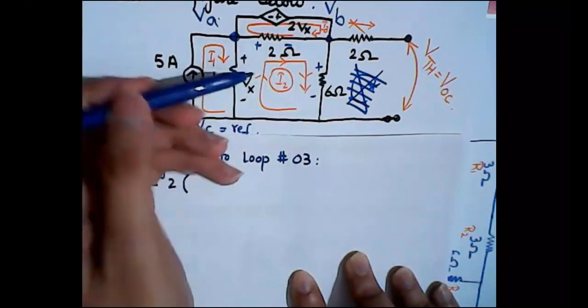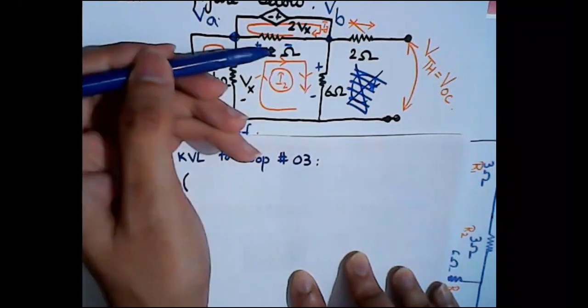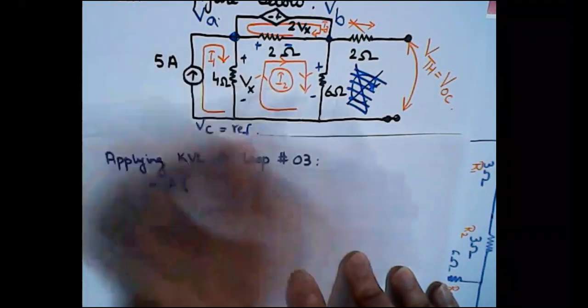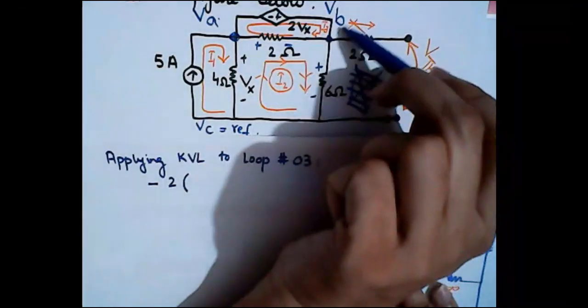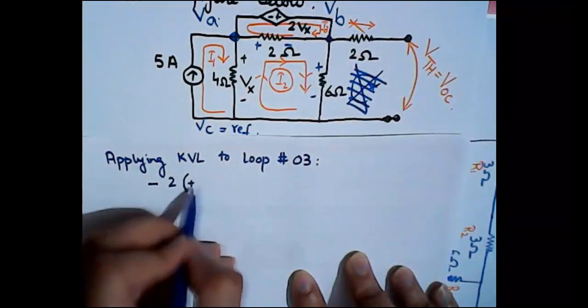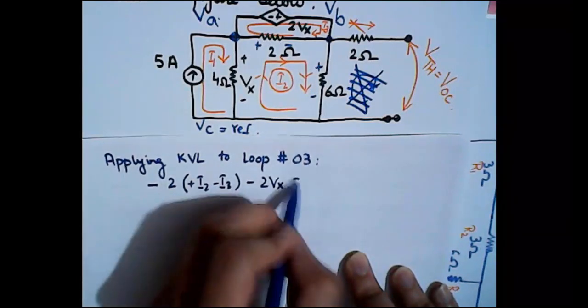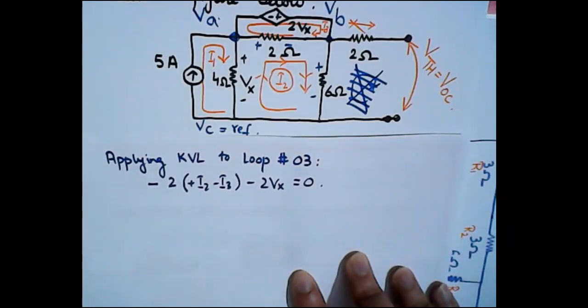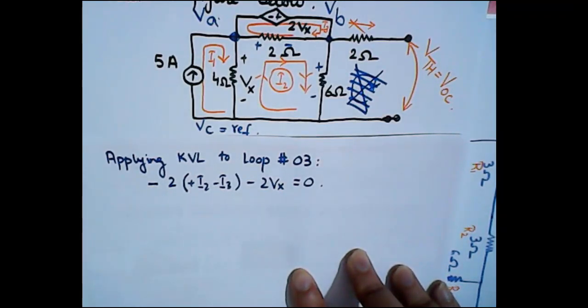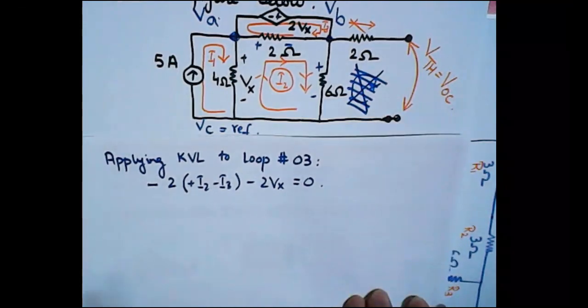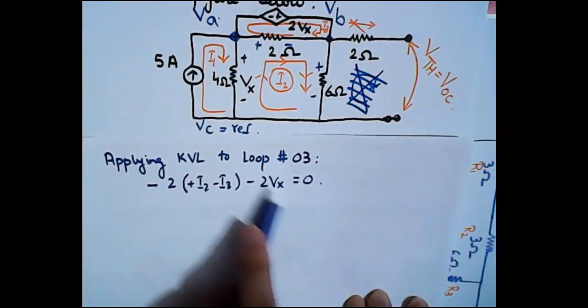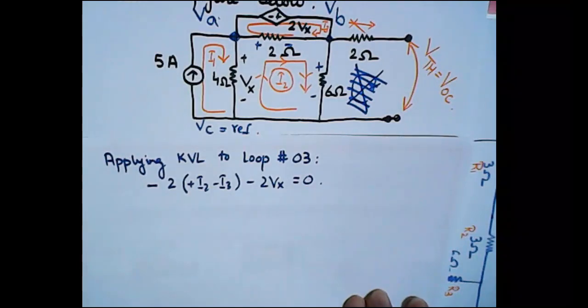The positive terminal has an entering current of I2, whereas the negative terminal has an entering current of I3. So it will be plus I2 minus I3 minus 2Vx is equal to 0, right? Now you can see that there are two equations, one in the form of two mesh current variables, I2 and I3, but there is another variable which has been involved, and this variable is Vx.